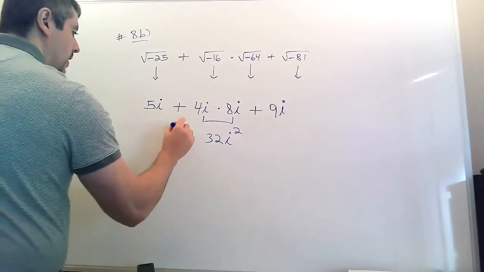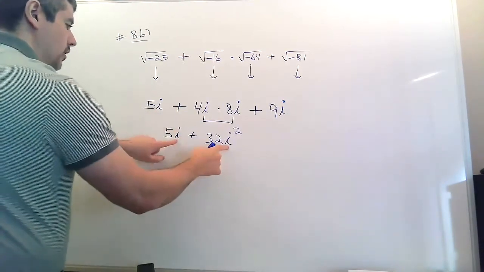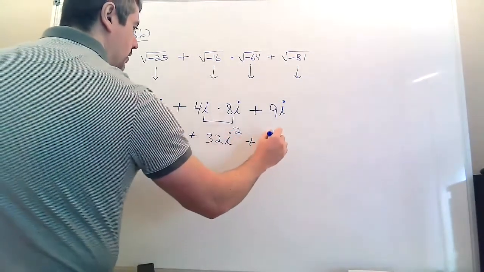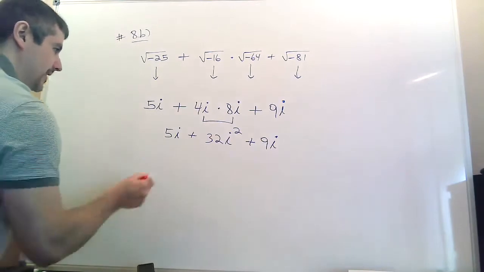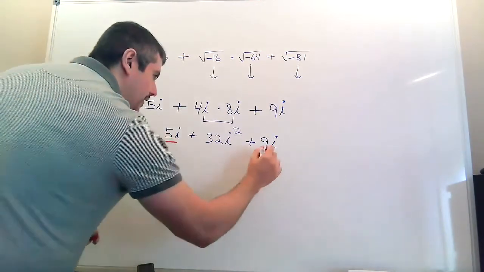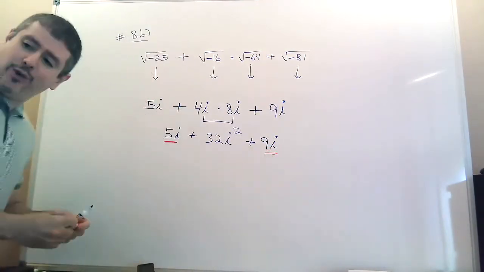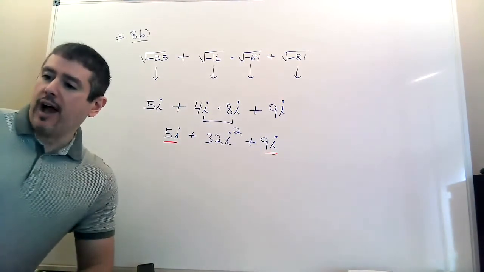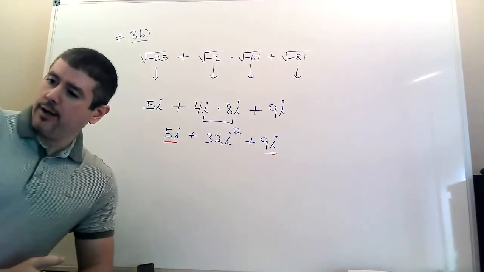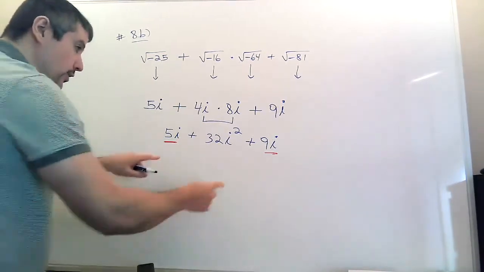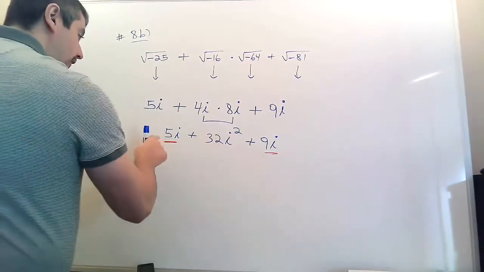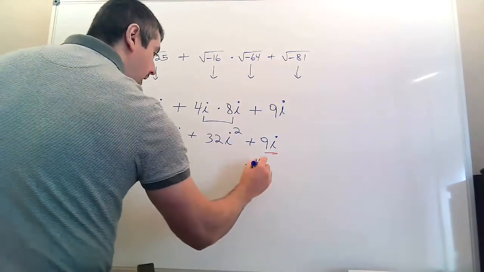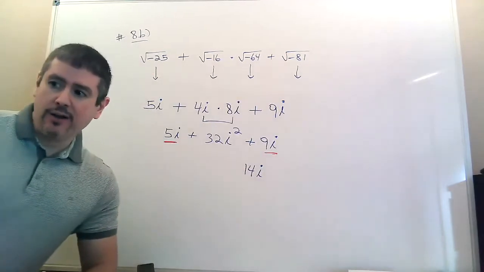Now, what about the 5i? It's waiting. Well, can you add these together? No, you can't. i and i squared don't add together. You know what does add together? These add together. Look, there's 5 i's and then there's 9 i's. That's 14 i's. So you have 5i and 9i, and you can add them together. So 5i and 9i make 14i, not i squared, right?